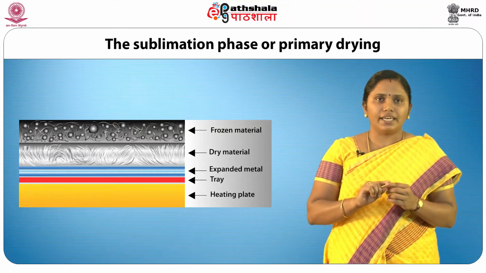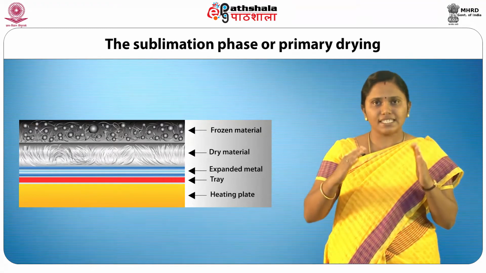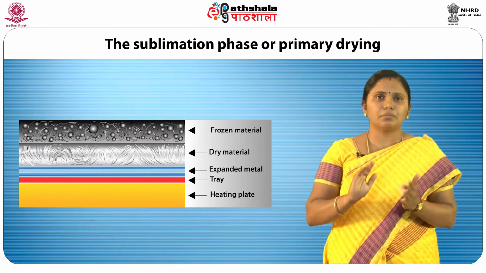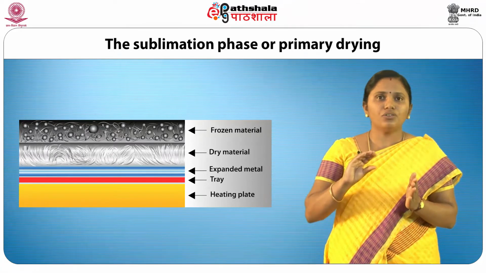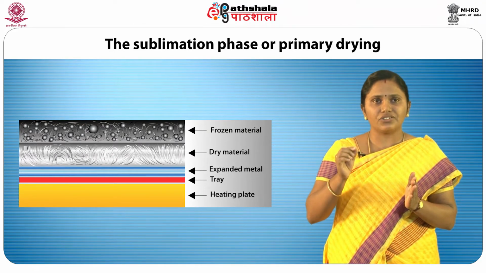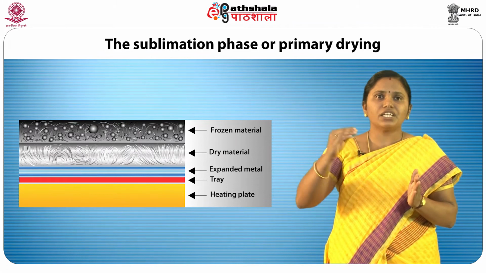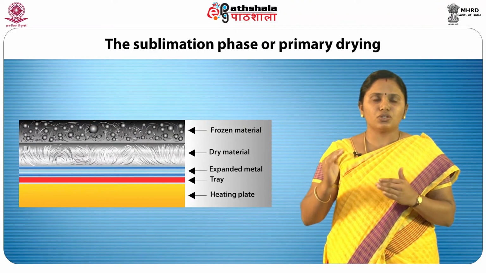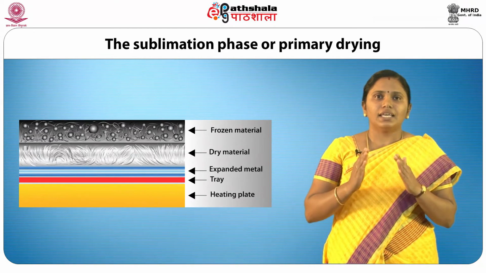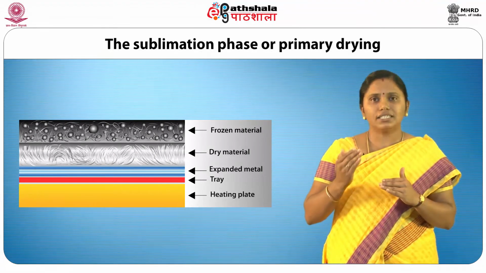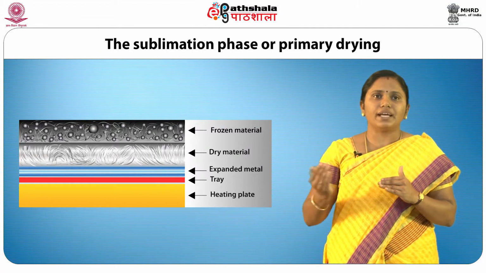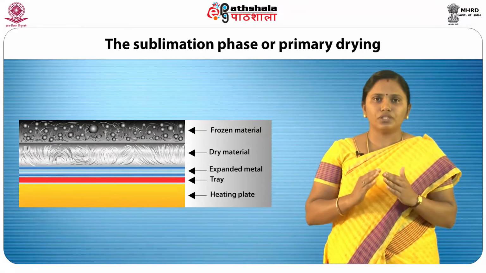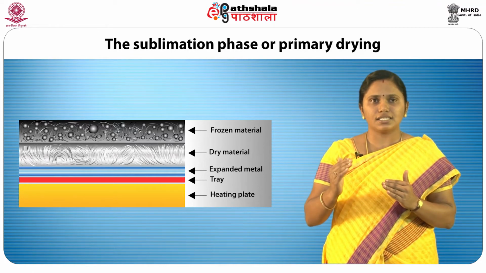The water vapor released by frozen ice crystals in the product during sublimation, and the non-frozen water present in the dried layer, travels by diffusion through the pores in the dried layer and gets into the drying chamber. The absence of the frozen layer represents the end of the primary drying process, and 90% of the moisture is removed at this stage.